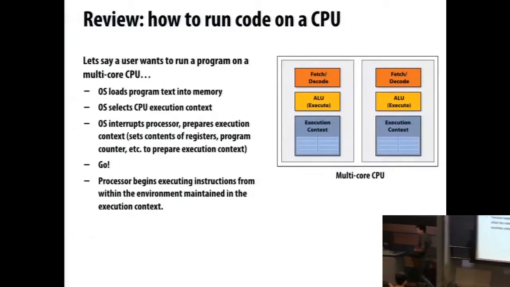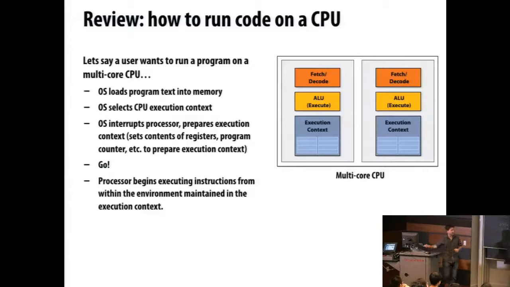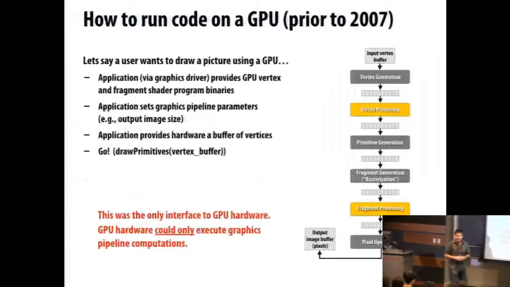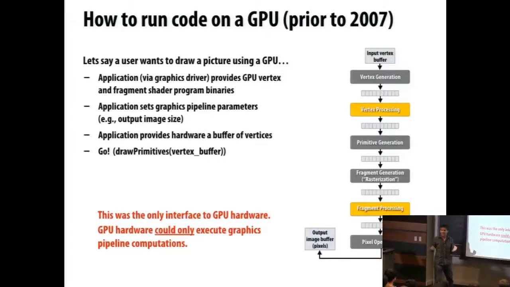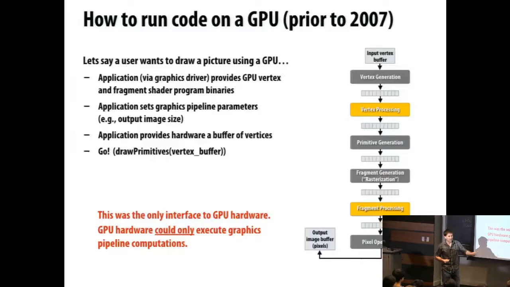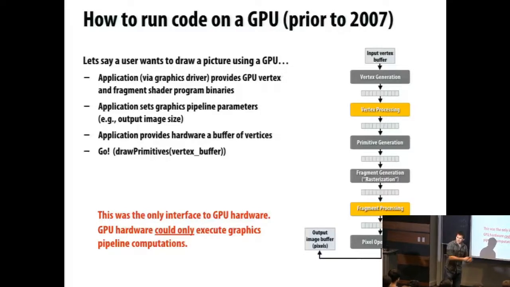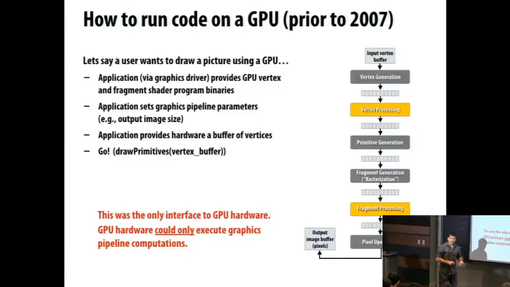If you wanted to run code on a graphics processor, and you think about the graphics processor as an implementation of the graphics pipeline, what you would do as an application is hand the GPU your fragment kernel, here's my one little function for the fragment processing, and one for vertex processing. And you would say, here's a buffer of vertices, go.